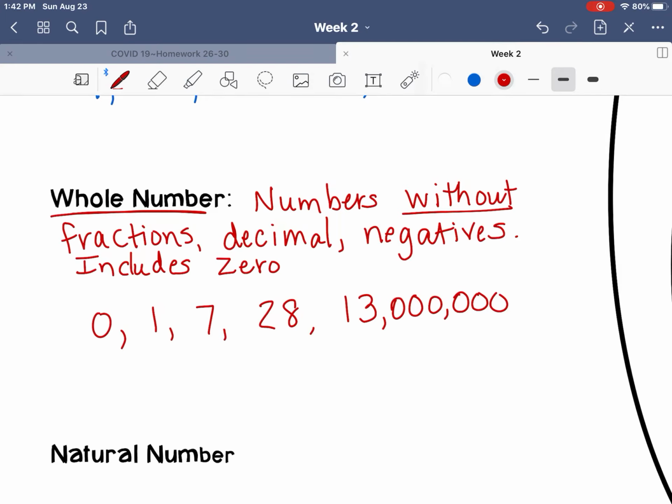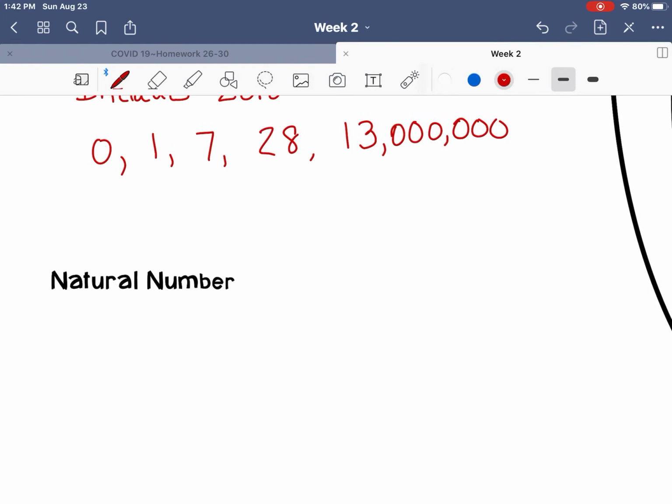Okay? Now, the smallest set of all is called natural numbers. Natural numbers are the numbers you use to count with, also called the counting numbers. This is the smallest category of all, even though it goes to infinity. It doesn't include 0, it doesn't include integers, and it doesn't include rational numbers.